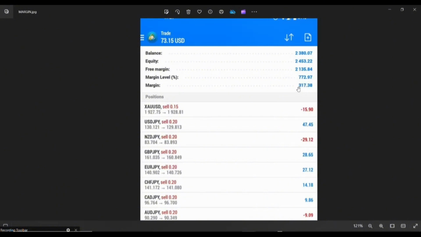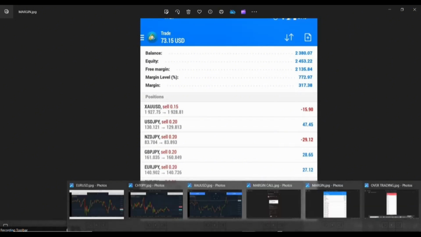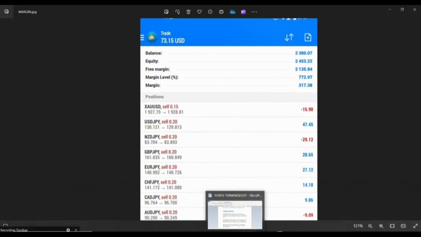So we have to stay above $317 because this is the amount required for us to be in this trade. If we go below this $317, it means our margin level has dropped, and it is possible that we may lose that account.